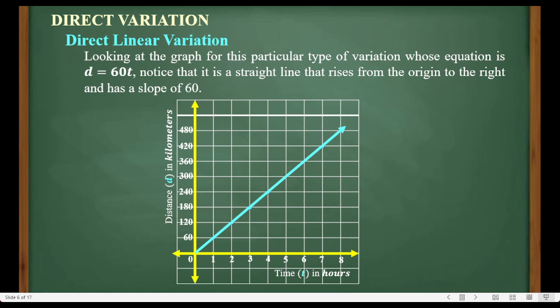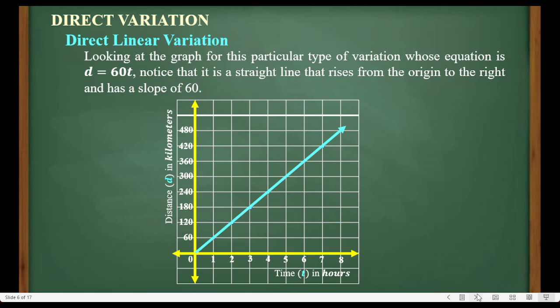So class, this direct variation has a graph which is the same as the graph of the linear function of the form y is equal to mx plus b. Since b here is equal to 0, and we know that from the linear function, b is the y-intercept.